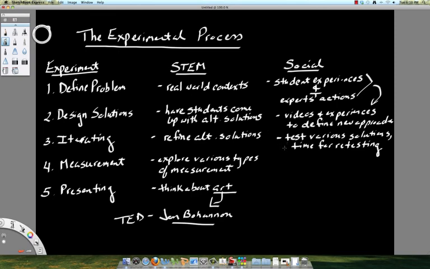Asking students to come up with various solutions to our defined social problem and testing them in small groups or testing them using their own experience really will allow students to get a sense of what works, what doesn't, and then you get a really great time to think about why something worked and why something didn't.